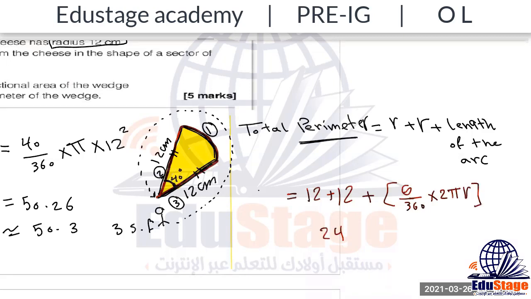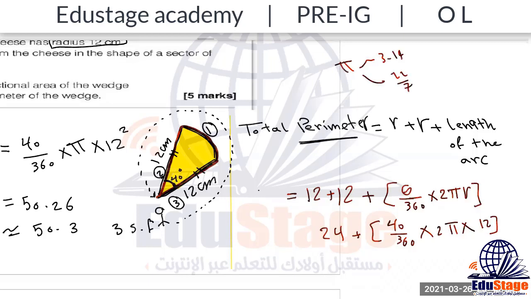Here 24 plus 40 divided by 360 multiply 2 pi times r, which is 12. Someone may ask, why, teacher, don't you remove pi and put, for example, 3.14 or 22/7? Because when you write it like this and calculate using the calculator, it may be more accurate.